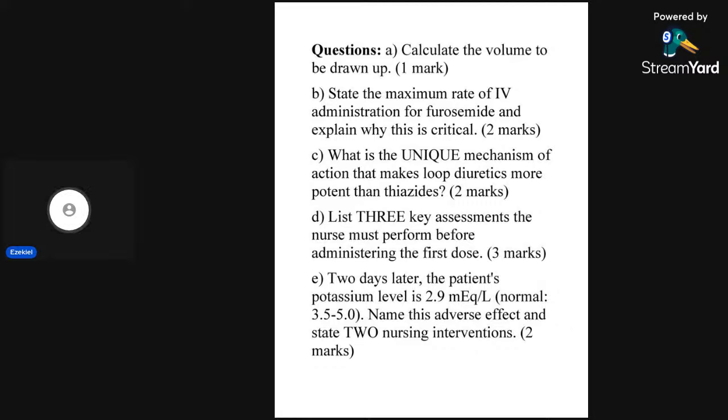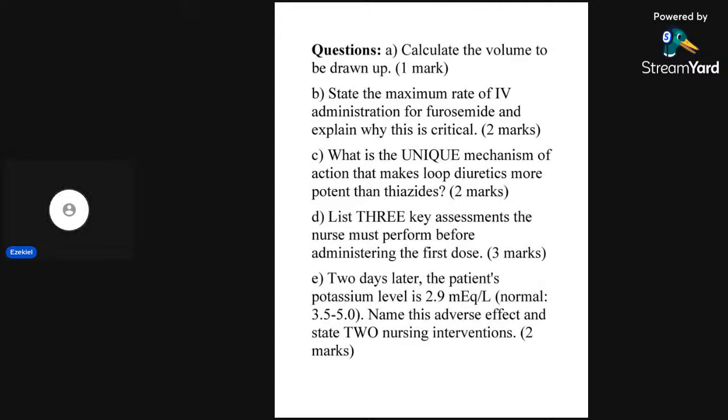Thiazide, on the other hand, doesn't block the loop of Henle. It blocks different parts of the nephron, usually the distal, later end. I think I drew the nephron for you in class. You understand? So what is the next question?